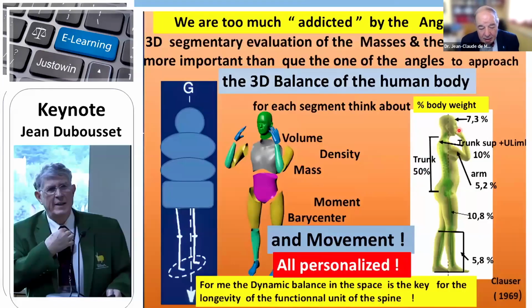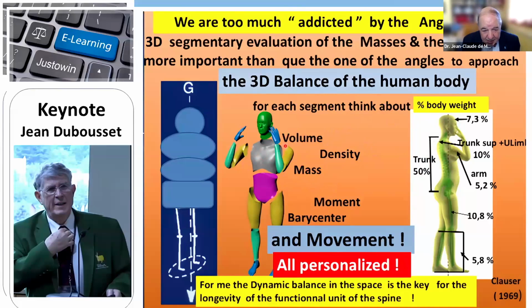So that's why there is a module on the EOS system to have a representation of this volume, with also the possibility to calculate the density. You calculate the mass, the volume, the density, and the barycenter. Ginette Duval-Beaupère worked a lot with the barycenter.